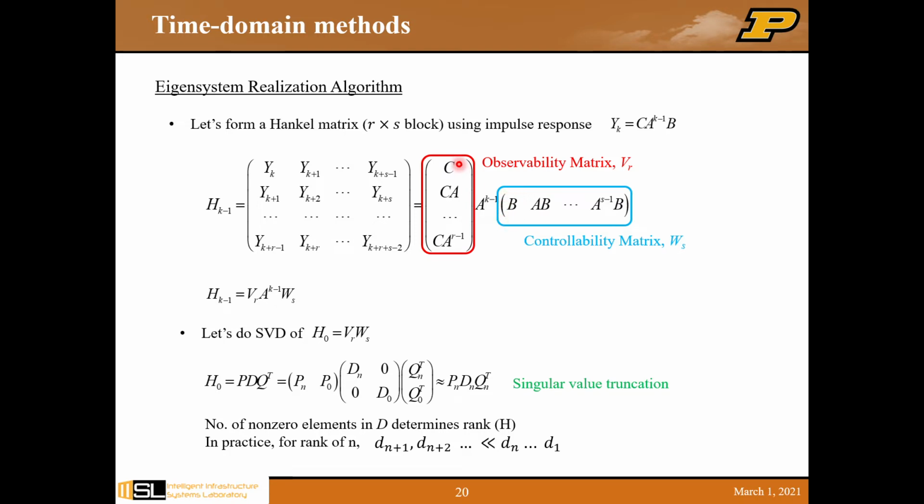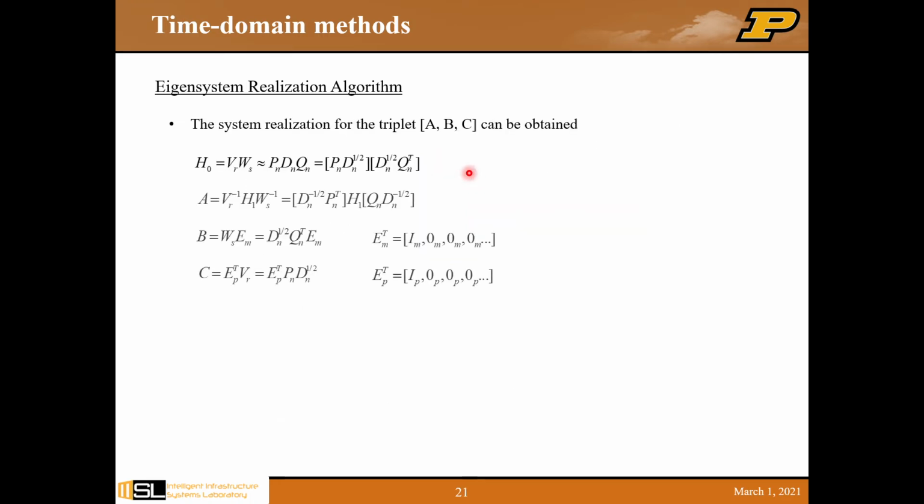And the C matrix is the first block in the observability matrix, so we can similarly obtain the C matrix by selecting the first block here. Eventually we obtain the ABC matrix expressions using the P, D, Q, and E here.